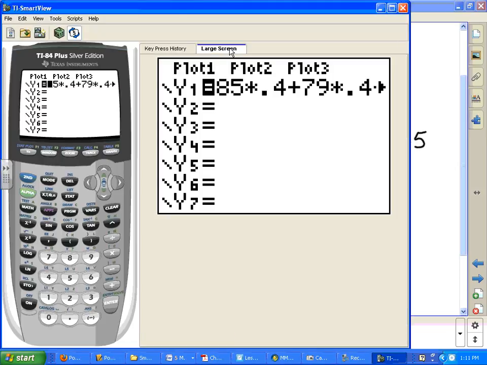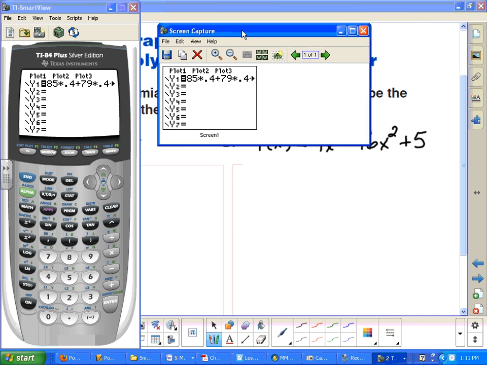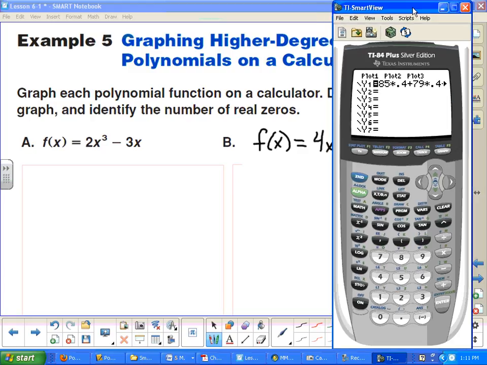Okay. All right, so we go to our y equals. All right, for letter A. Now make sure none of these plots are on. All right, type it right in. 2x cubed. Turn them off.